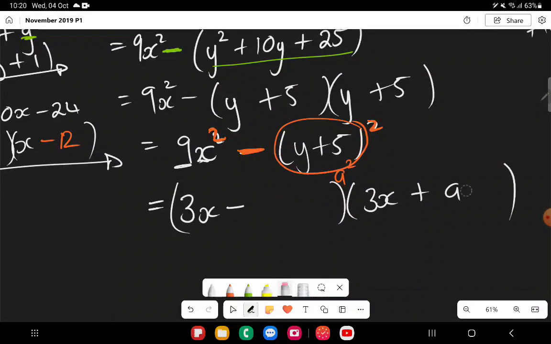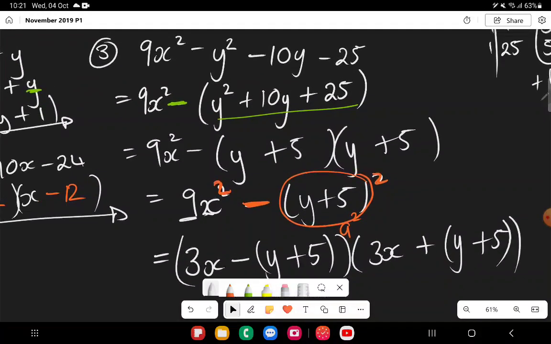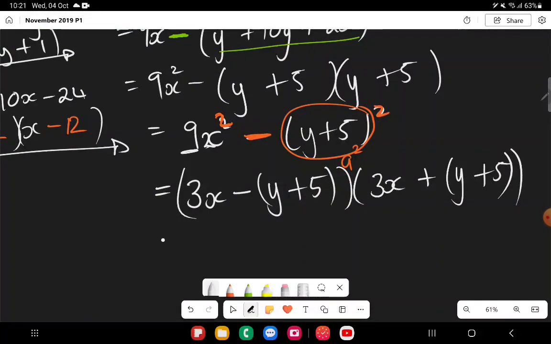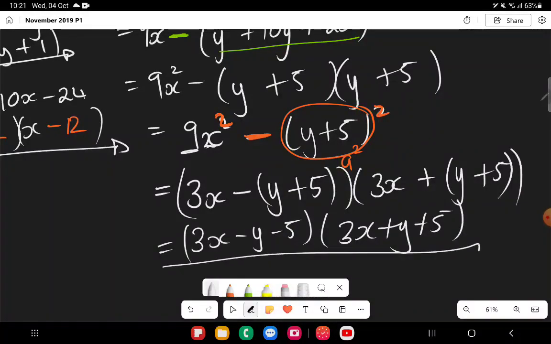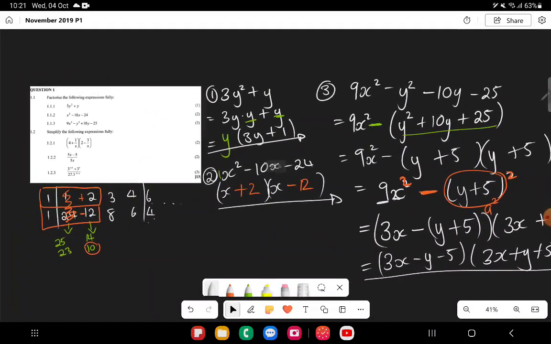And instead of the a, we are going to write what's in the bracket, y plus 5, in brackets. Now, are we done? Let's see. We should be done. I changed the signs. That looks fine to me. If we multiply that minus in, then we have 3x minus y minus 5 multiplied by 3x plus y plus 5. And that's the end of question 1.1.3.